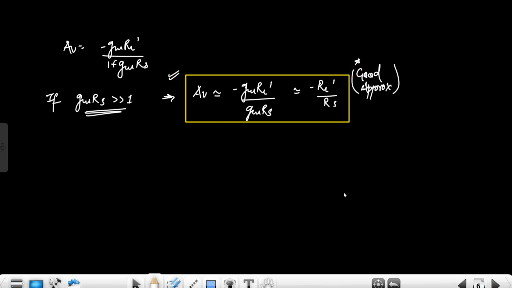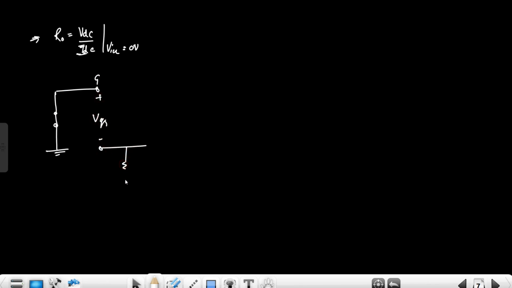Right. Now the R naught, the internal output resistance. So the internal output resistance is VDC upon IDC, with input at 0 volt. Again drawing the small signal model, so it will be short circuit here. Then this is the VGS, and here this is the RS.